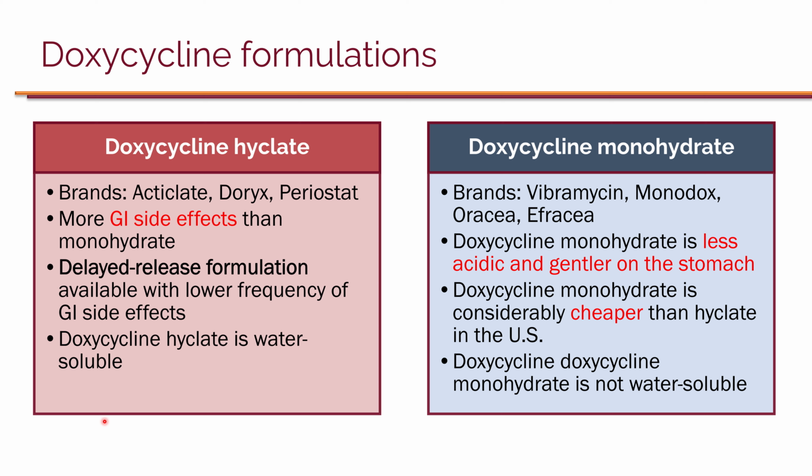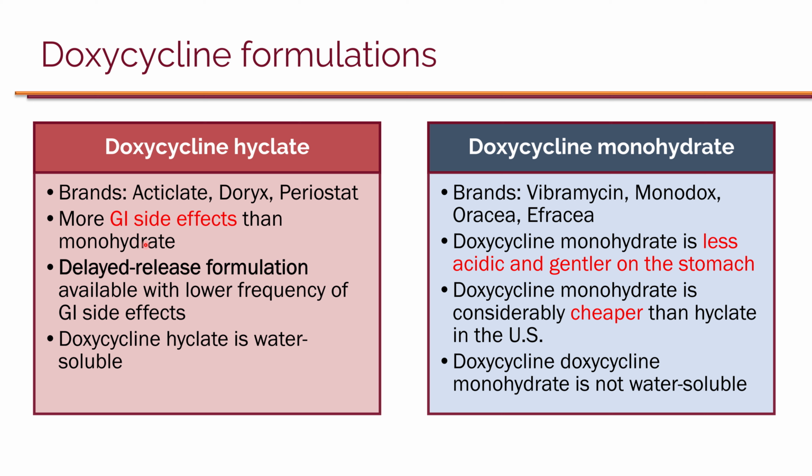Now, in general, there are 2 formulations of doxycycline. So doxycycline hyclate, and there are some brand names that have this formulation. These have more GI side effects than monohydrate. So doxycycline monohydrate is the other formulation.